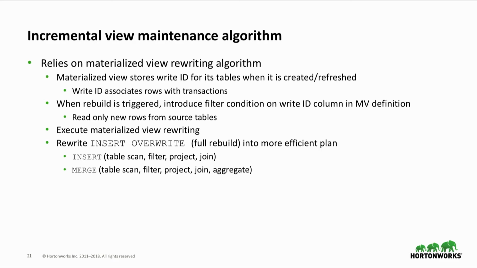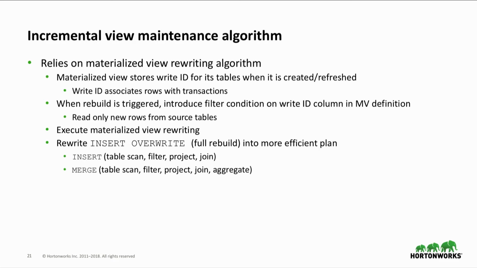So how does this incremental view maintenance algorithm work? It's related to the union rewritings that I was describing before. When you create a materialized view, or when you refresh it, you store a write ID. And the important thing about this write ID is that it associates each row with the transaction. So basically, if you know your write ID, you know which contents are in the materialized view and which contents are not.